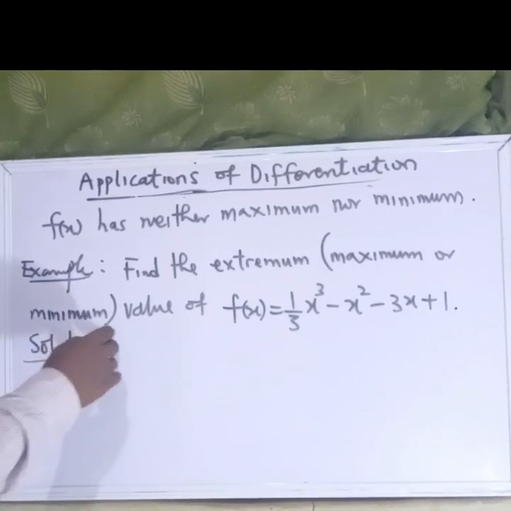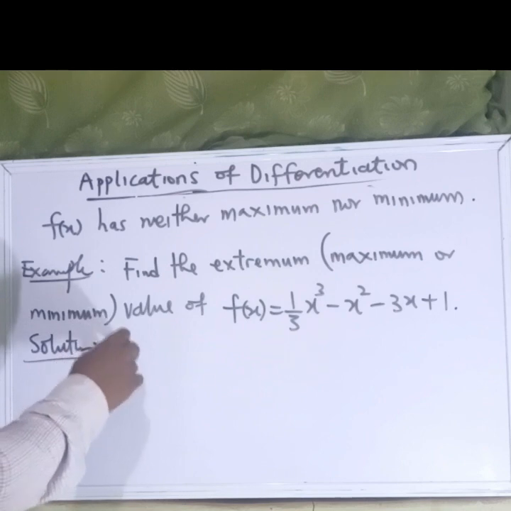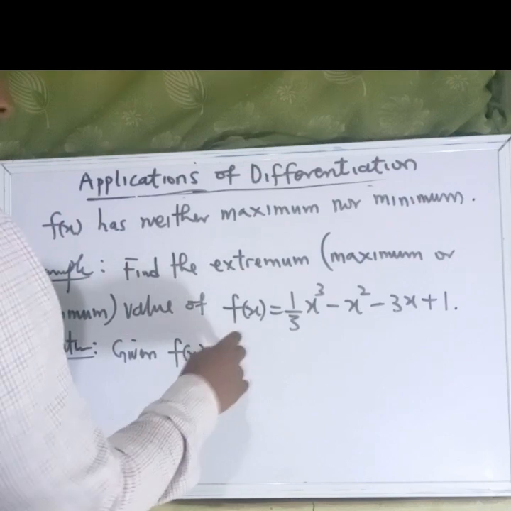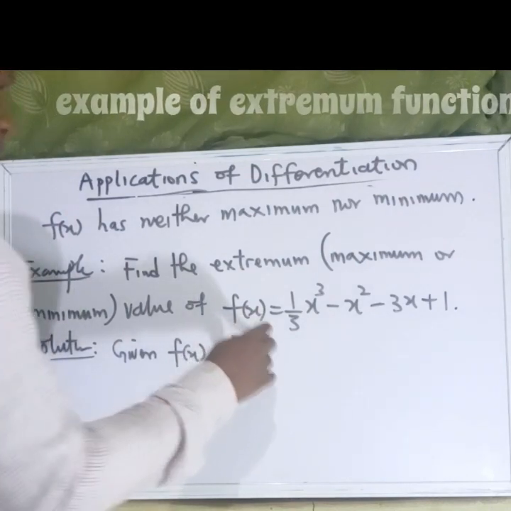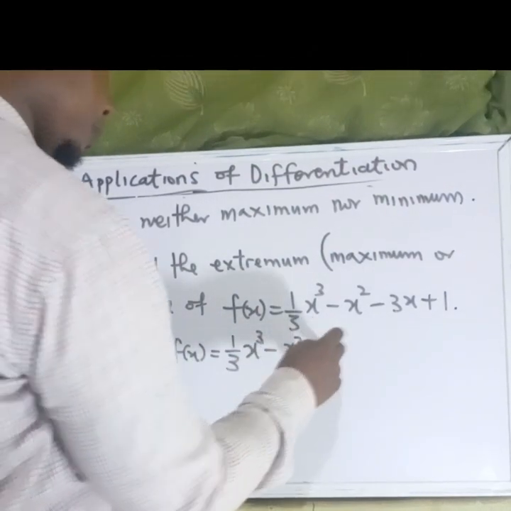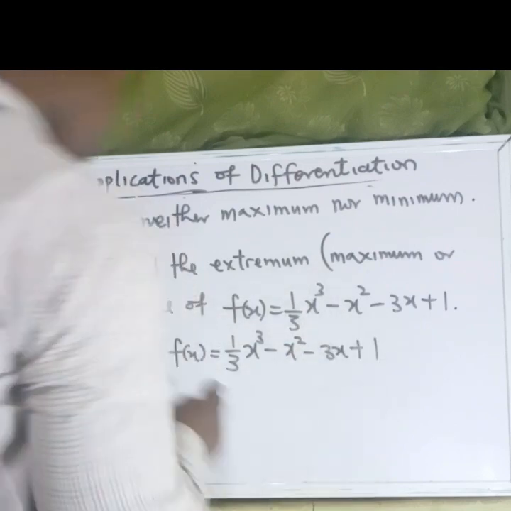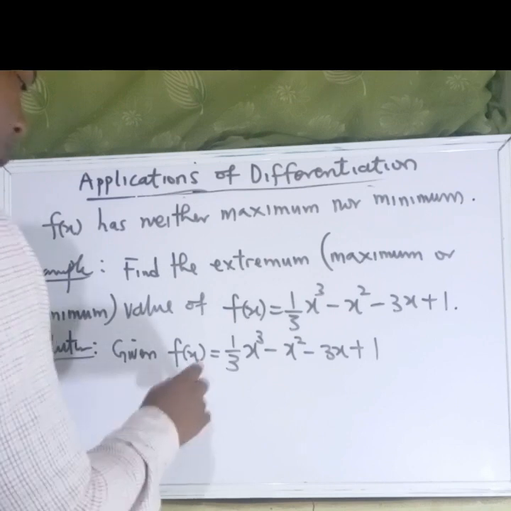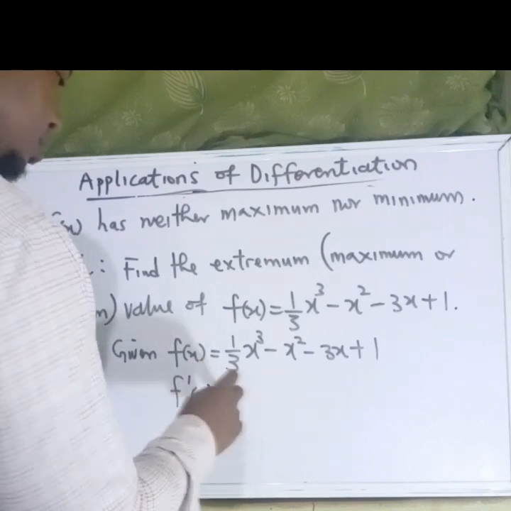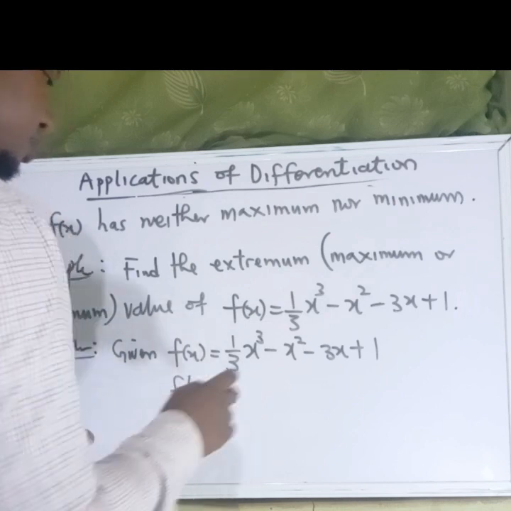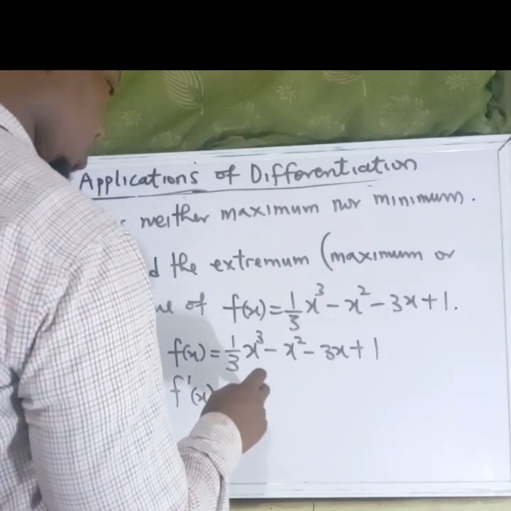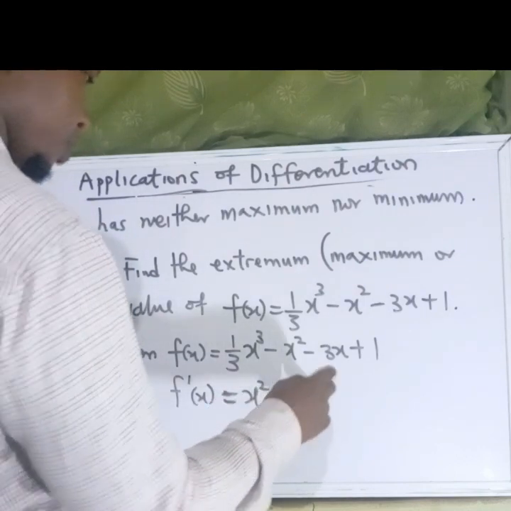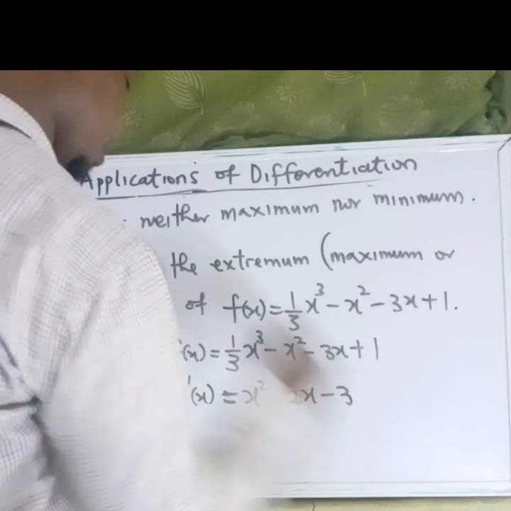So here we'll first of all apply the theorem in our last video to get the critical point of this function. Okay, so now to get the critical point, we first of all find the slope of this, and that is x squared minus 2x minus 3.